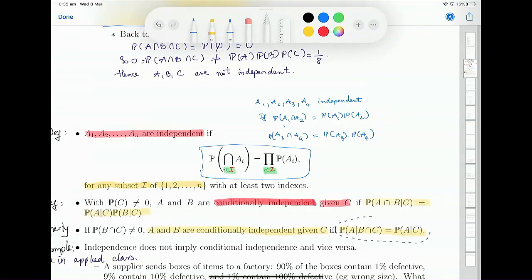Okay, so we will try to prove this property of conditional independence.